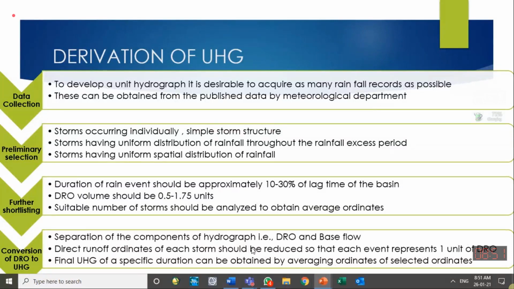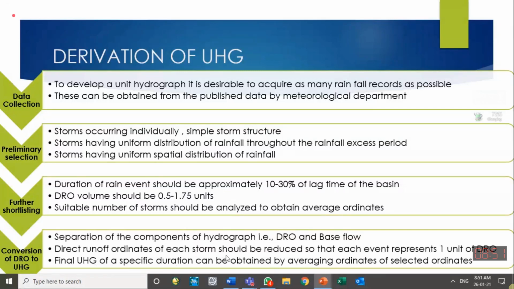When we have separated it, we have got the direct runoff hydrograph. So normalize it by the effective rainfall that occurred in that catchment. So we have to reduce it, or normalize it. The final unit hydrograph of a specific duration can be obtained.